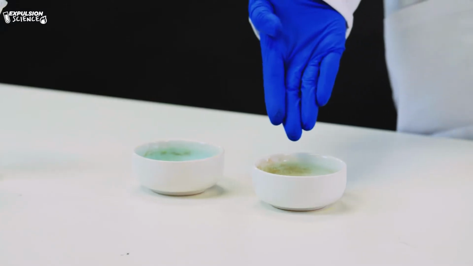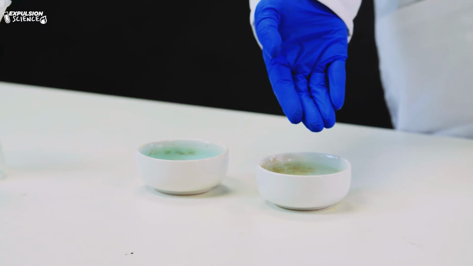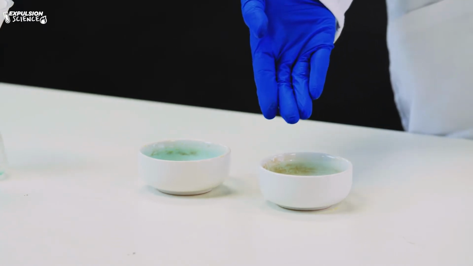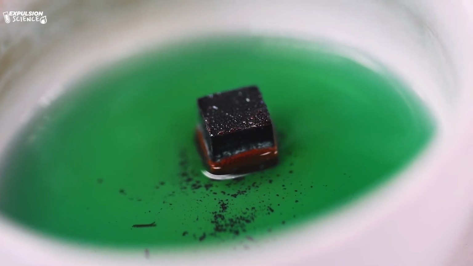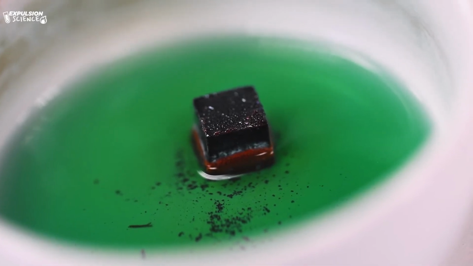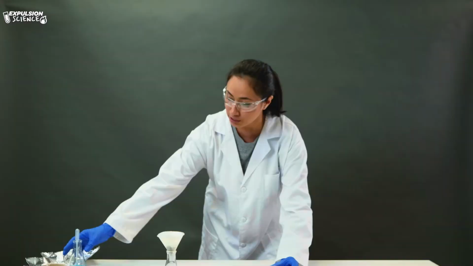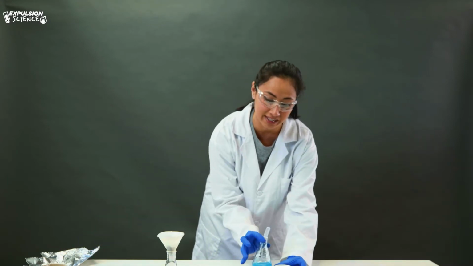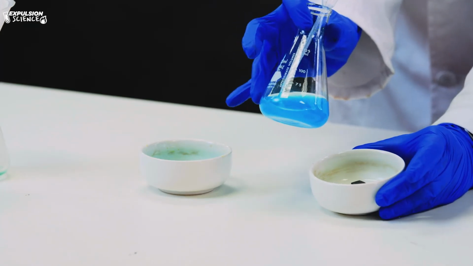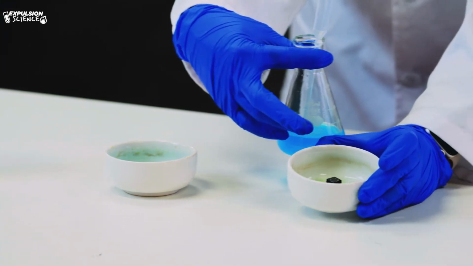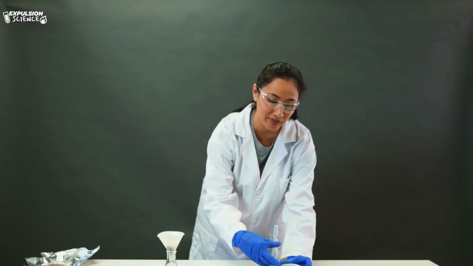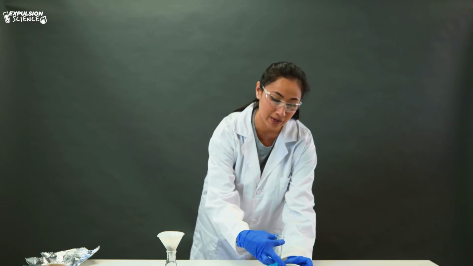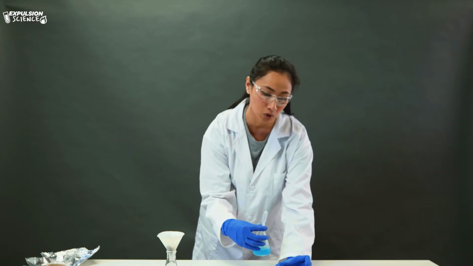So this right here was the mixture of copper 2 chloride and tin. Notice how you can see small little pieces of copper that are in the mixture. So notice how originally this is the color of our copper 2 chloride. We are now seeing a green liquid that has formed. Well, really what that green liquid is actually tin chloride.